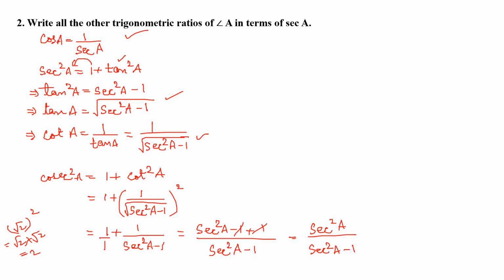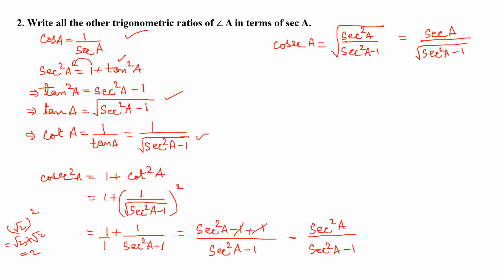Now this is the value of cosec square A. You have to find the value of cosec A. So cosec A will be root of sec square A by sec square A minus 1, and root of sec square A means sec A by root of sec square A minus 1.